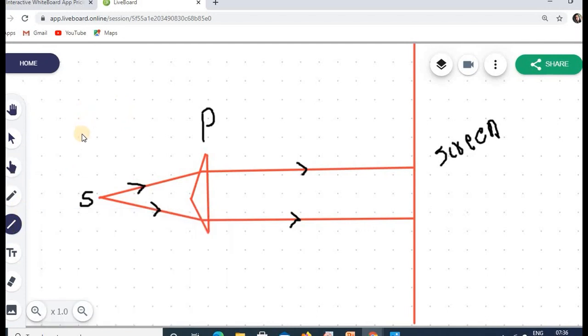Now there are two virtual sources. I'll draw the virtual sources first, then only you can draw the figure correctly, and I'll explain what's happening.